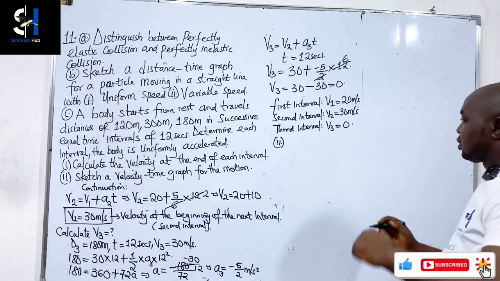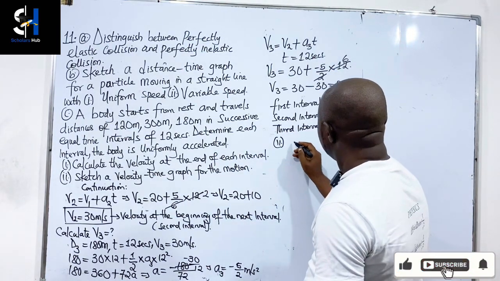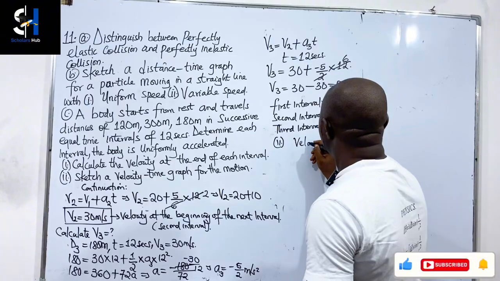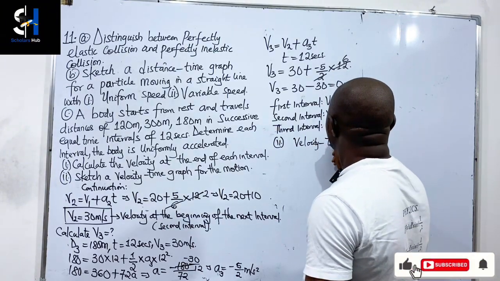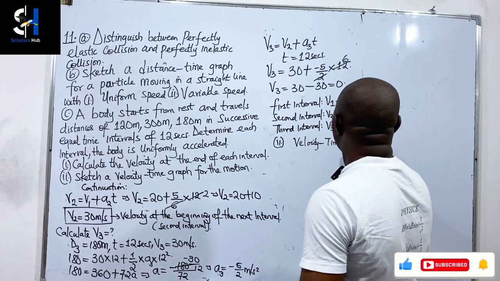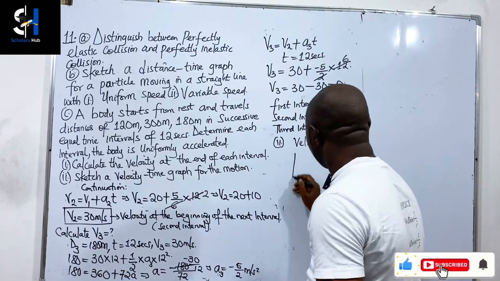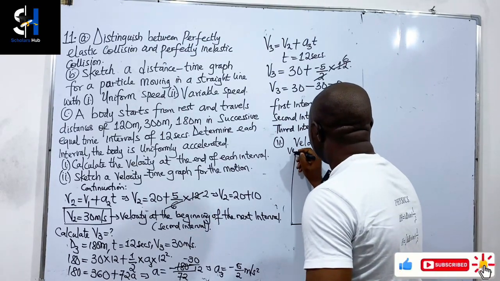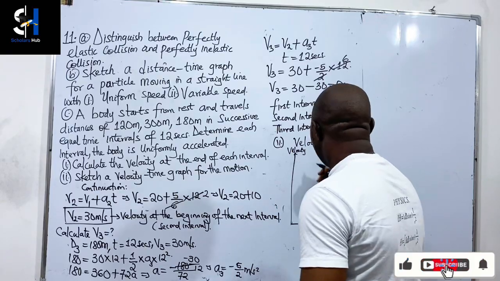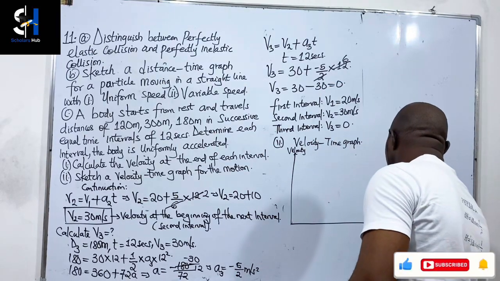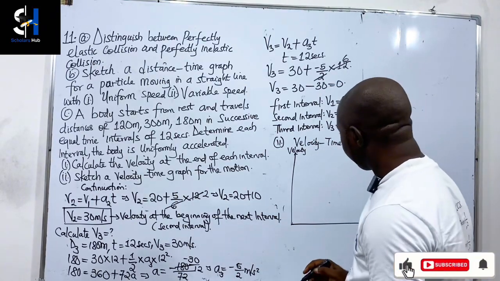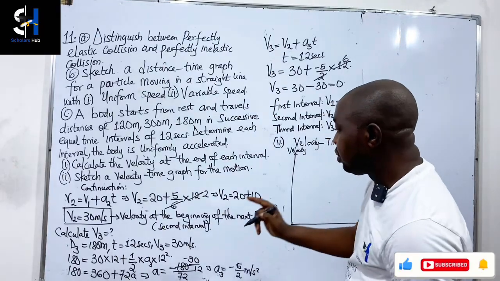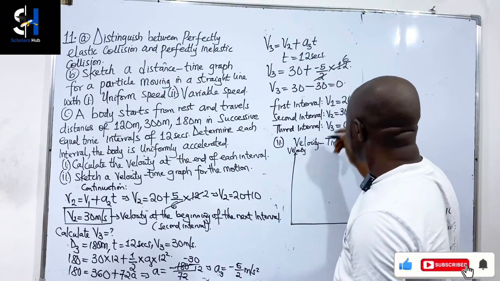So we have the graph of velocity versus time. We calculated the first speed, for the first interval, that's 20.